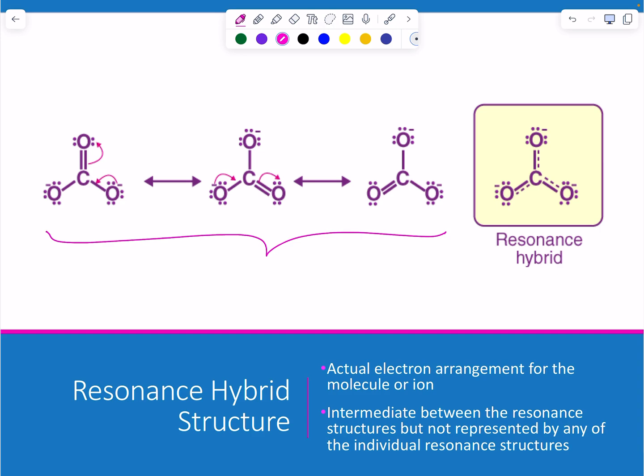Do these look equivalent to you? In this case, the only thing that's changing is who has the negative charge and where your double bond is, but we have symmetry, and so these are all equivalent.